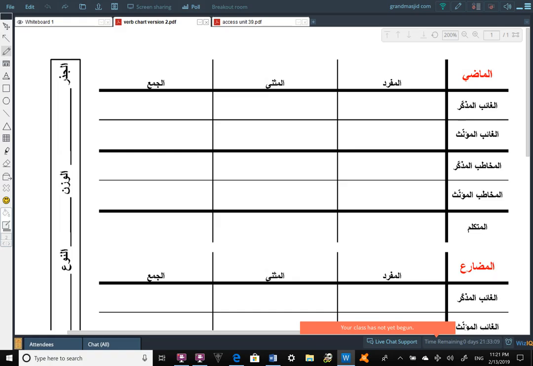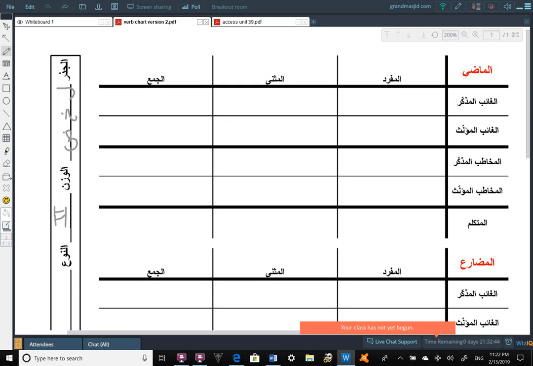Here we are continuing with Form 2. The verb we're going to do today is on the root lam, kha, sa, sad: lakhasa.